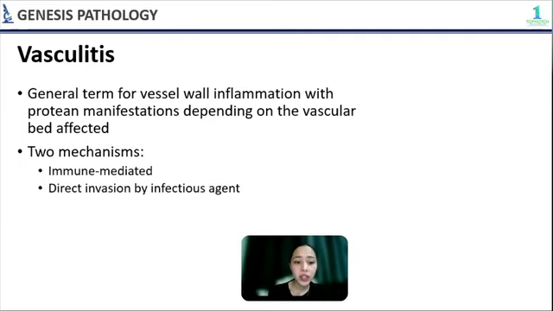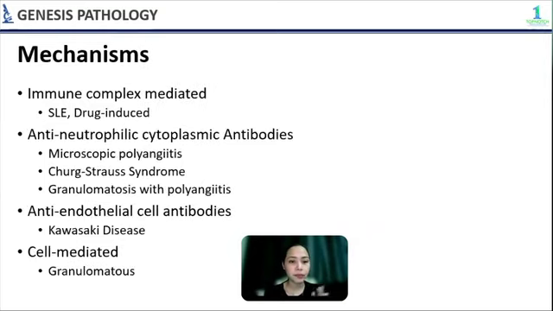Vasculitis is a general term for vessel wall inflammation with manifestations that will depend on the vascular bed that is affected. So these are the two mechanisms involved. Immune complex associated vasculitis can be seen in immunologic disorders like SLE.